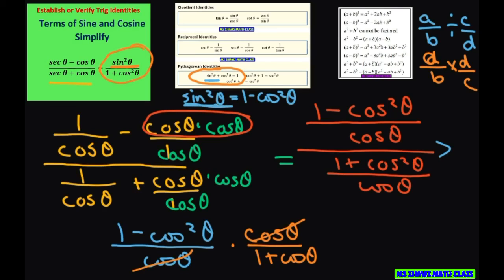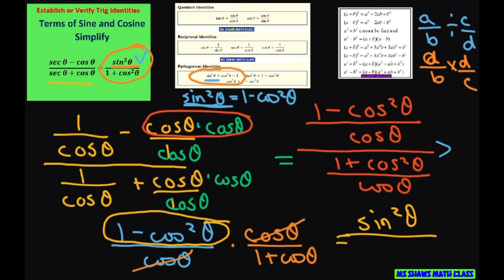I need a sine squared because you have to match it up. So I'm going to substitute this with sine squared. So you get sine squared of theta divided by 1 plus cosine of theta. And that matches up to what we want, and we have verified our trig identity.